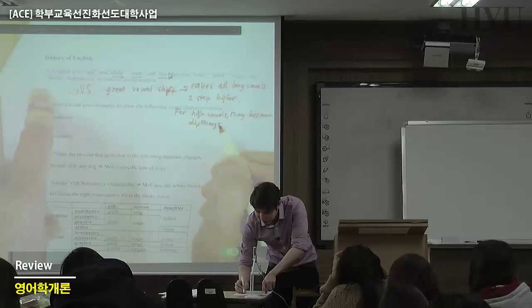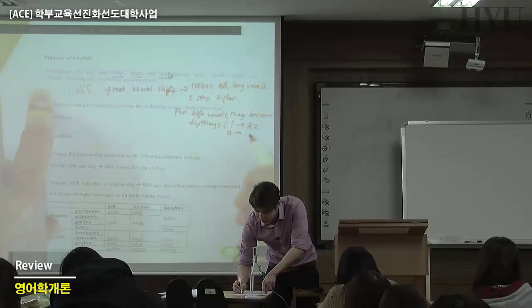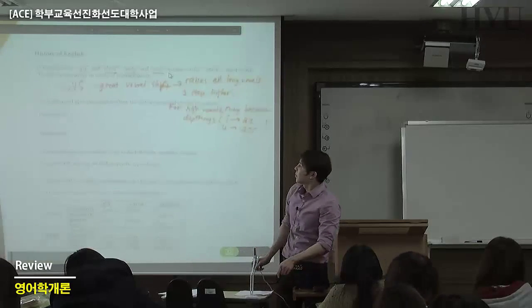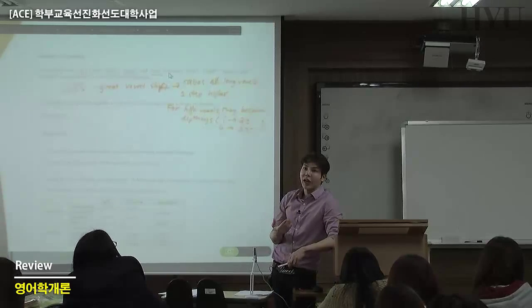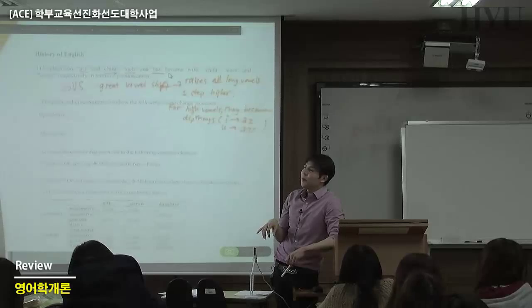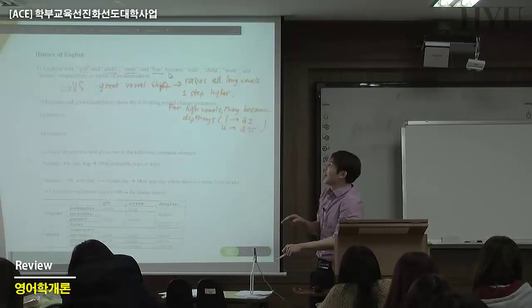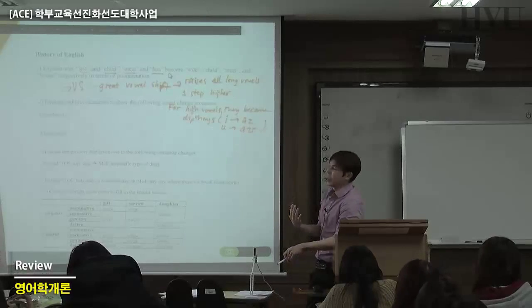Remember? E becomes I, U becomes ow, like that. And again, this doesn't happen overnight. It's not like, oh, today we pronounce it as weave. Tomorrow, let's say wife. Not like that. But they shift little by little without people perceiving it. Okay?